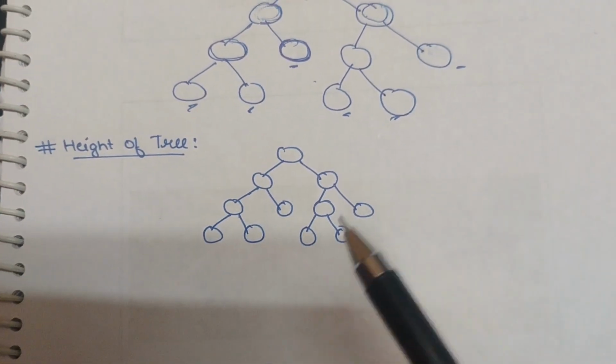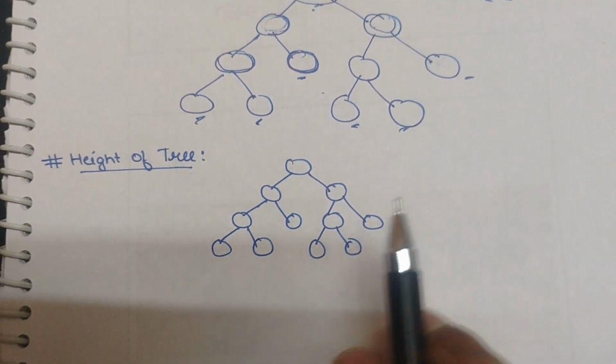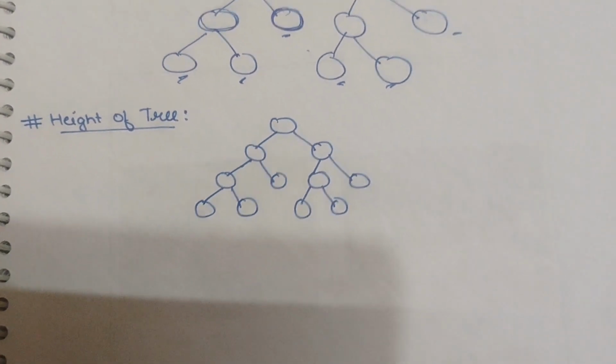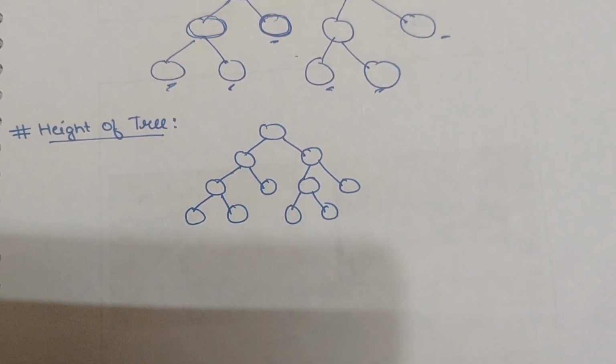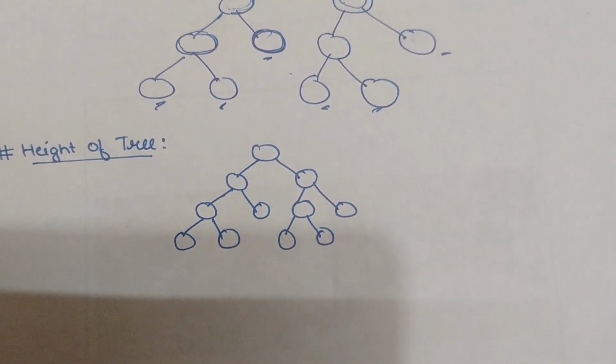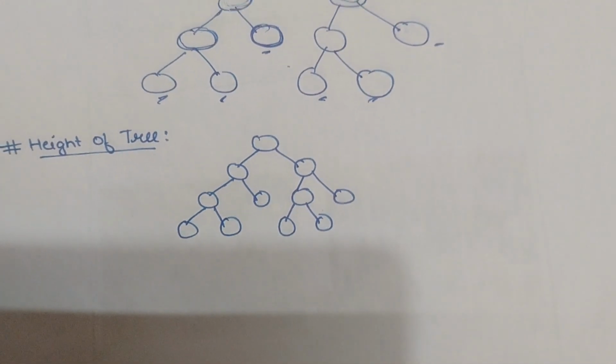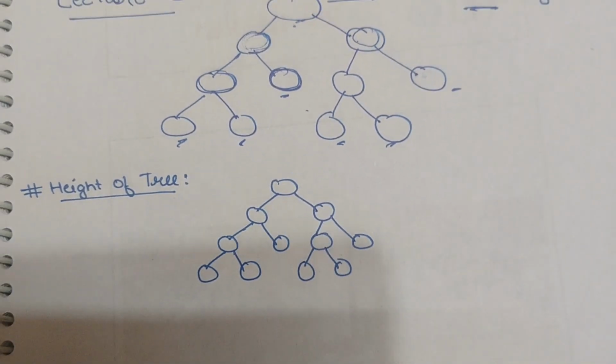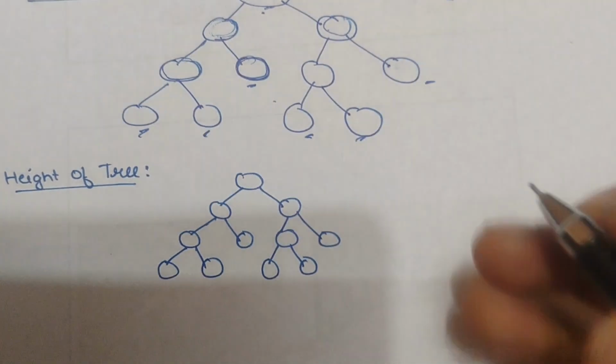Now one important concept of tree is to find the height of tree. How we find the height of tree we will discuss further, but till now we'll discuss what exactly height of tree means.